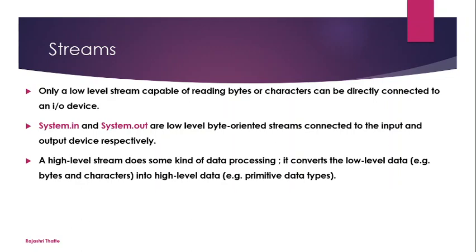If the data in ones and zeros format comes directly on your screen, it is not possible to read this data properly. It is not user-friendly data. So what is required? This binary form of data needs to be converted into the primitive data types so that it can be in a readable, understandable format.